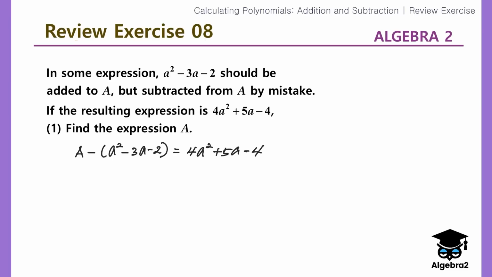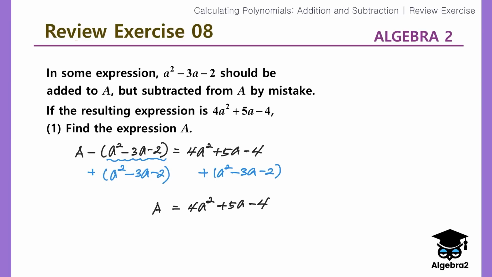So what I'm going to do is add this expression back, plus a squared minus 3a minus 2, on both sides. So the expression A is equal to 4a squared plus 5a minus 4 plus a squared minus 3a minus 2.